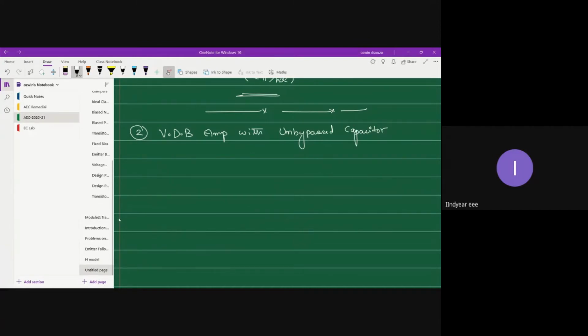Anyhow, I have considered voltage divider. Now let me consider emitter bias, just to give a different perspective.